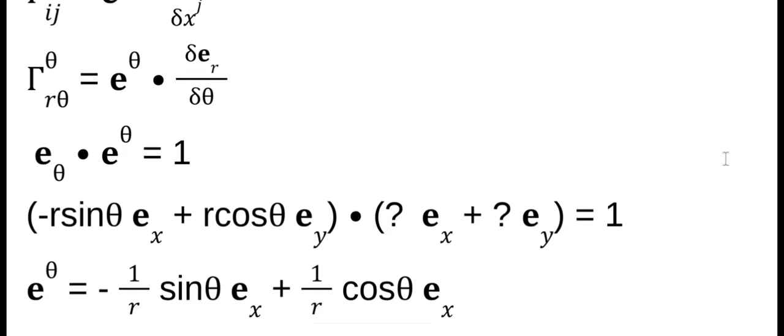So you would use that same definition and say what times this plus what times that will give me 1. Well, you can see it'd be 1 over r sine theta. So that's going to cancel out the r's, going to give sine squared theta plus cosine squared theta. And the answer to this is 1 over r, by the way.